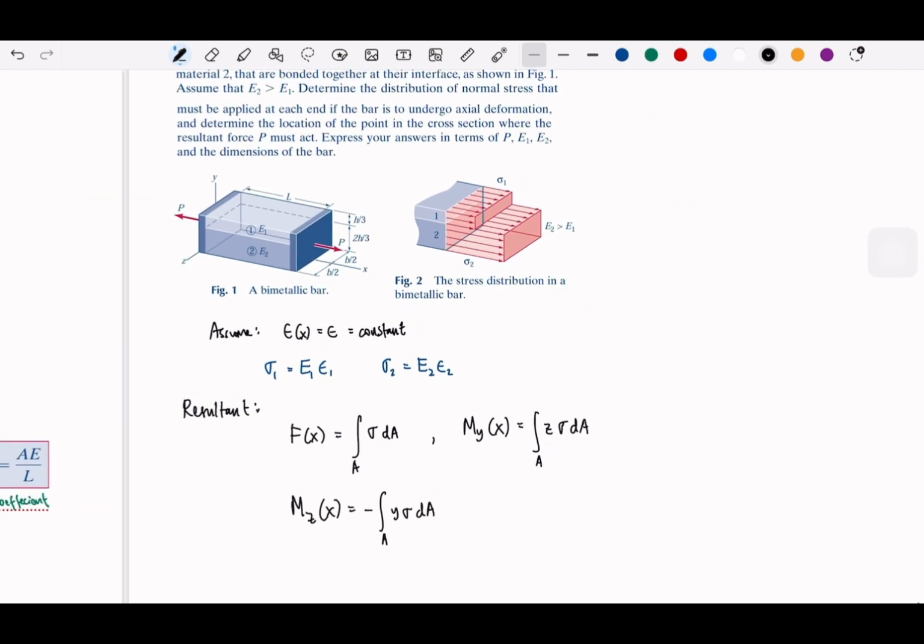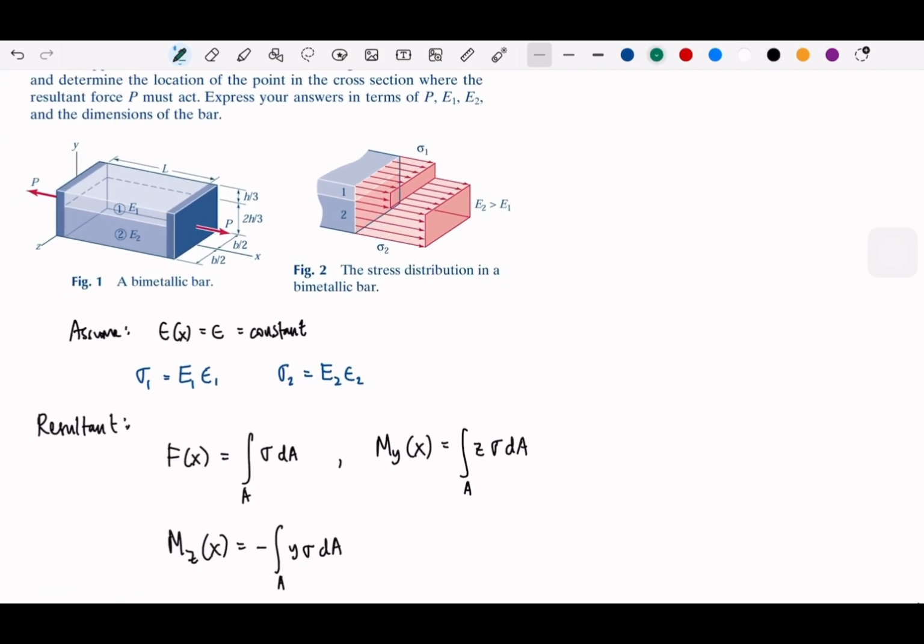And then from the picture, let me write here, the resultant of normal stress distribution is a force acting through the centroid.